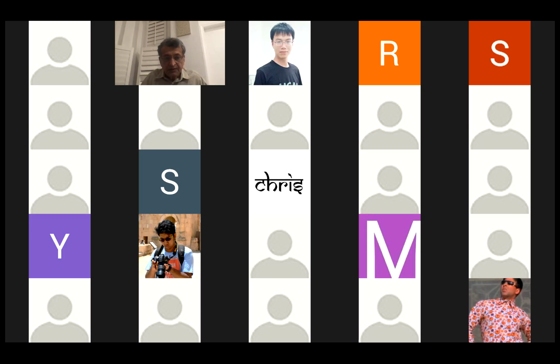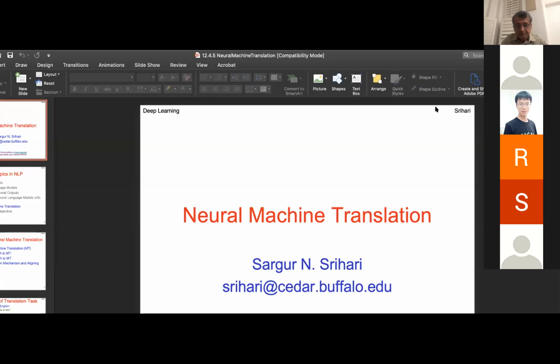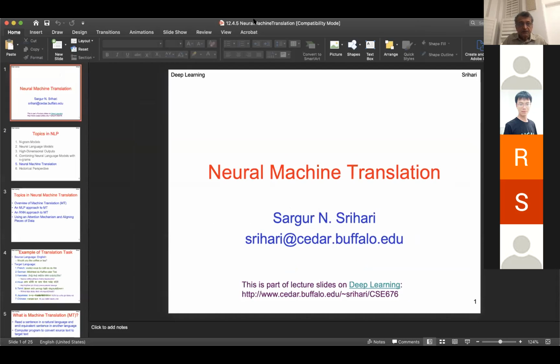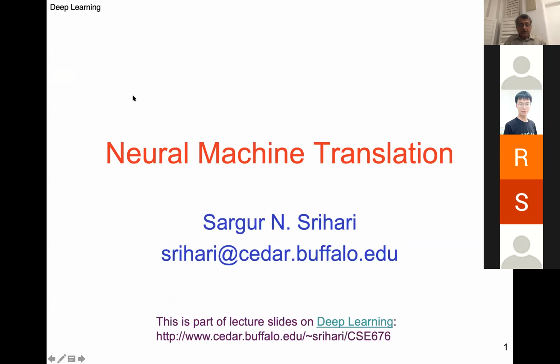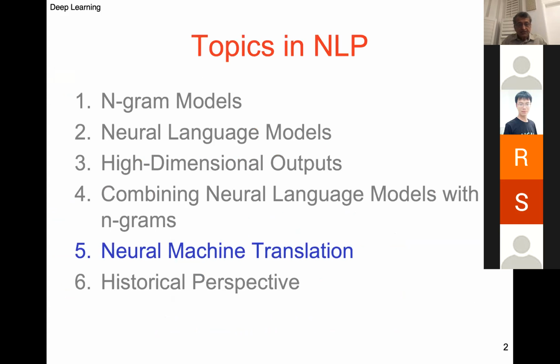with neural translation. Okay, so the topic is neural machine translation. The reason it's called neural machine translation is that it is machine translation based on neural networks. All right, so this is still a topic in natural language processing.